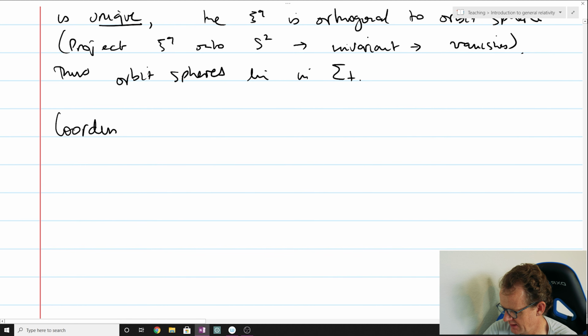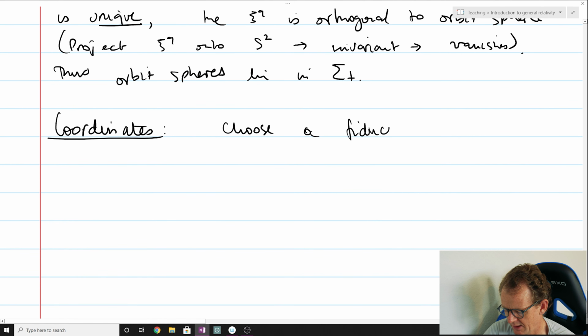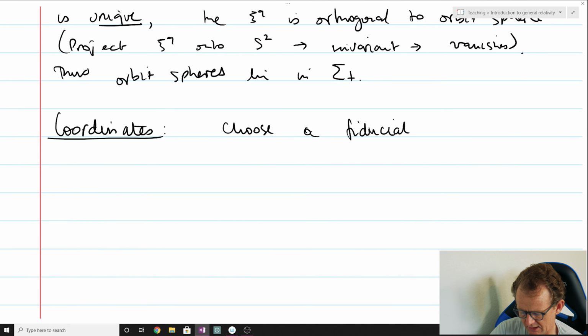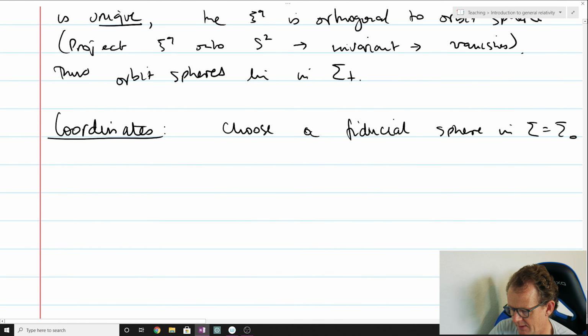Well, now let's put all of this together to build a coordinate system, and hence write out the metric that we're going to use as our ansatz to solve Einstein's field equations. So this discussion today has all been just motivation for a particular choice of metric. So we start by choosing a fiducial sphere. Just pick your favorite sphere in the hypersurface Sigma, and choose spherical coordinates on it.